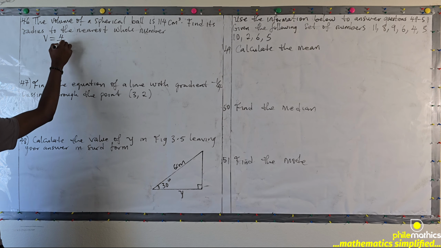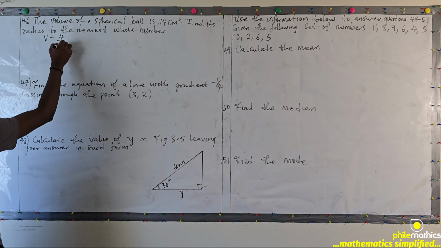Since we are given the volume as 114, this is 4 over 3, pi is 22 over 7, times radius cube. For us to find the radius, this is 21. We'll have 21 times 114 over 4 times 22, which is 88.